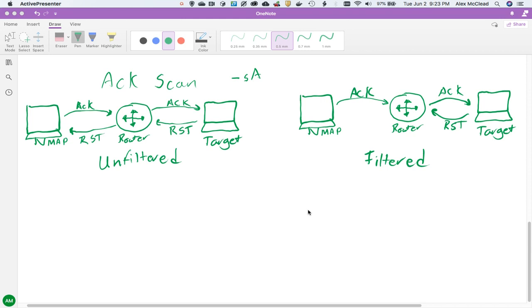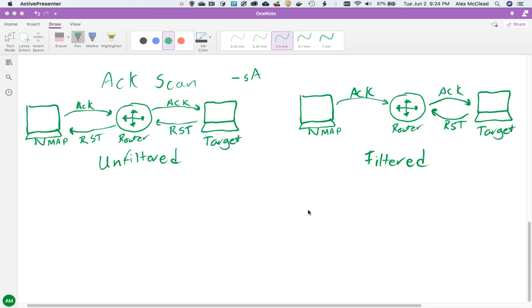Instead of looking at the target, we're looking at what's between the target and your Nmap. I.e., is there a router that is filtering my traffic to the target? In this case, Nmap sends an ACK packet, and in most systems, a singular ACK packet will respond with a reset, regardless of the type of system.